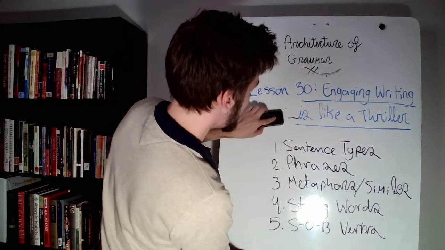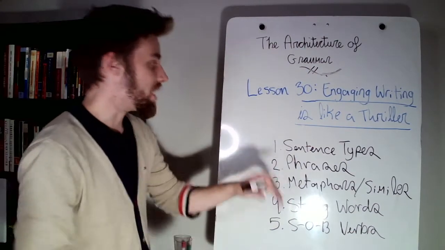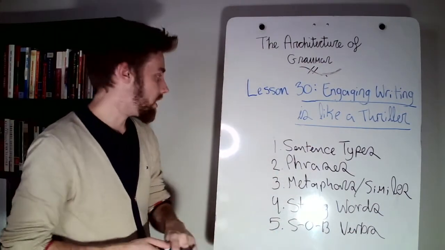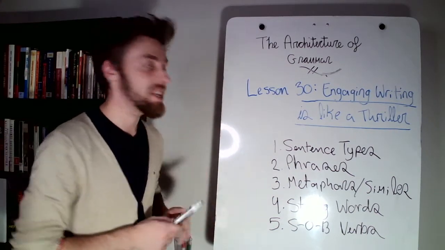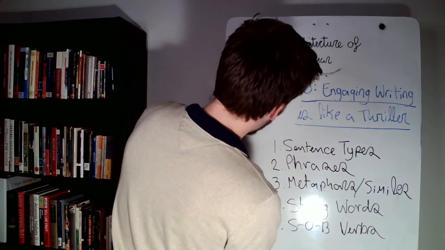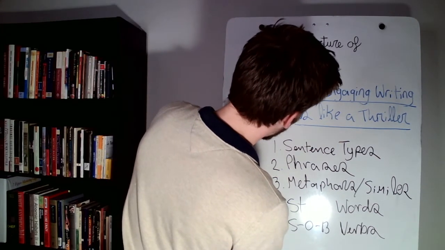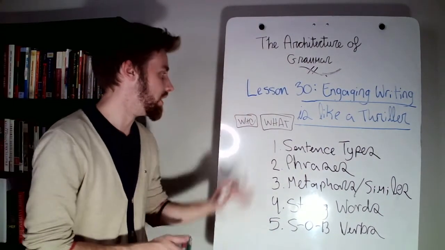Now, that's the first element. The second element is the phrases. We've discussed this throughout the entire 30 videos in this series, but we have a who and we have a what. Now, the who and the what is not enough.